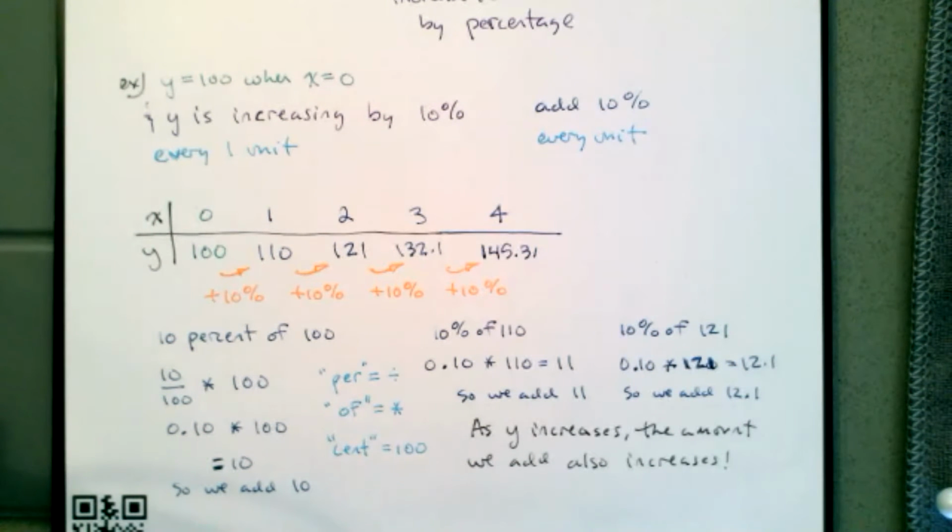But in the second year, it'll be growing by 10% of 110. So it's not just growing by $10 again, it'll grow by $11. Then in the third year, the growth will be 12.1. So the amount of increase is also increasing because we're taking a percentage of the total amount. So as y increases, the amount that we add also increases.